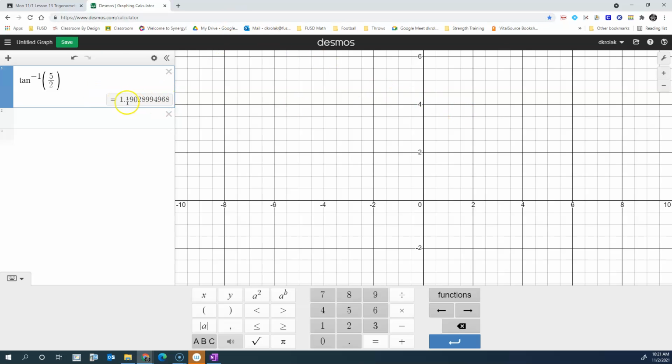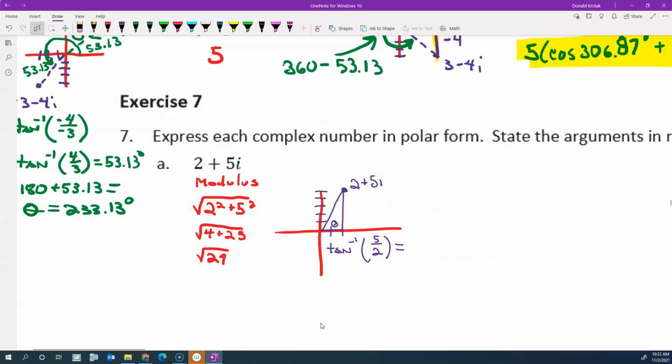And the instructions say round it to the nearest thousandth. So tenths, hundredths, thousandths. That's 3 decimal places. So the 2 tells me leave the 0 alone. Ready? So that's going to be 1.190.